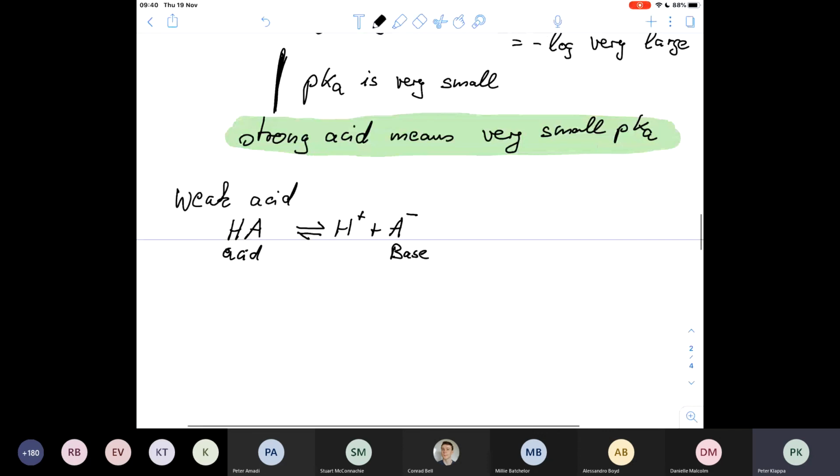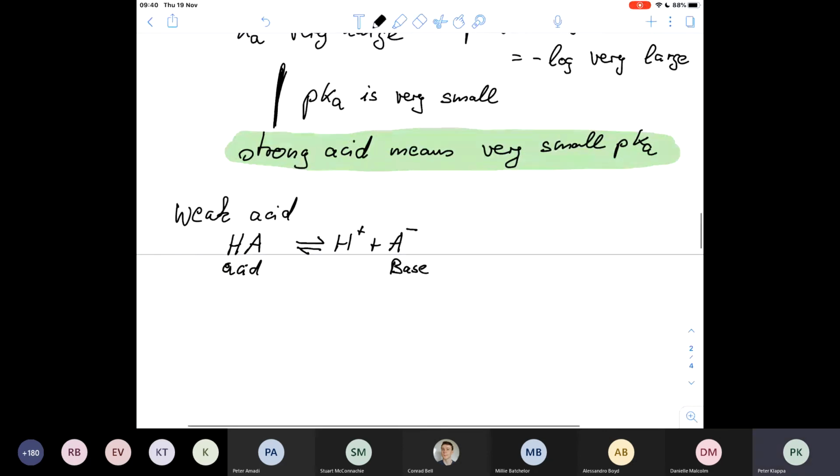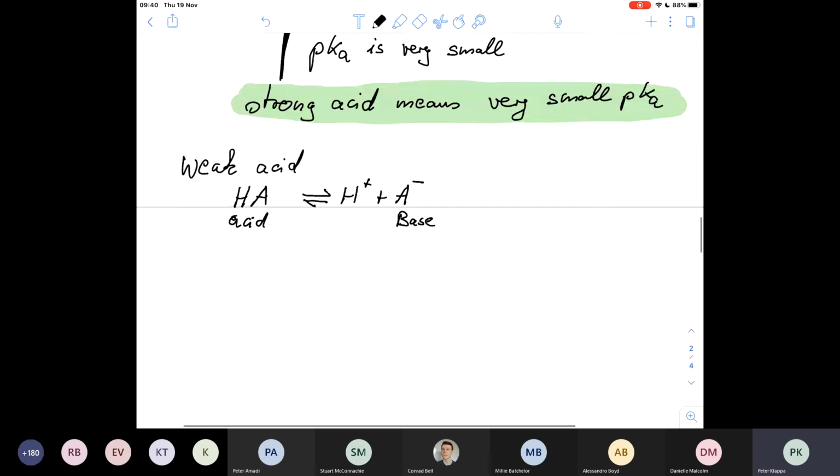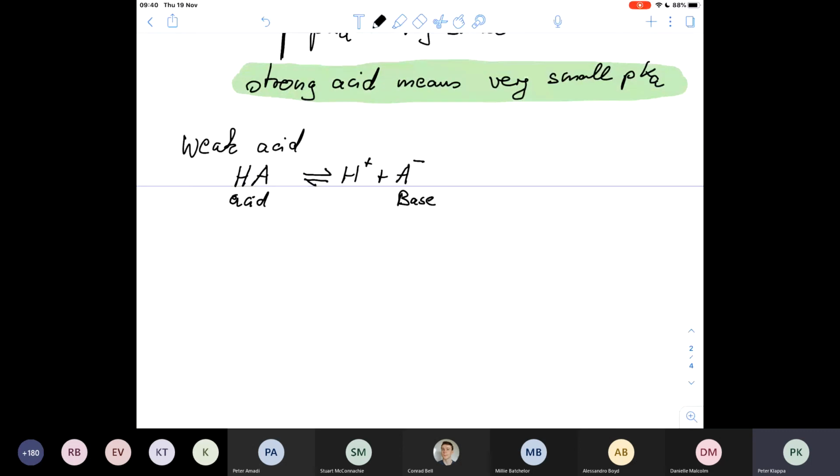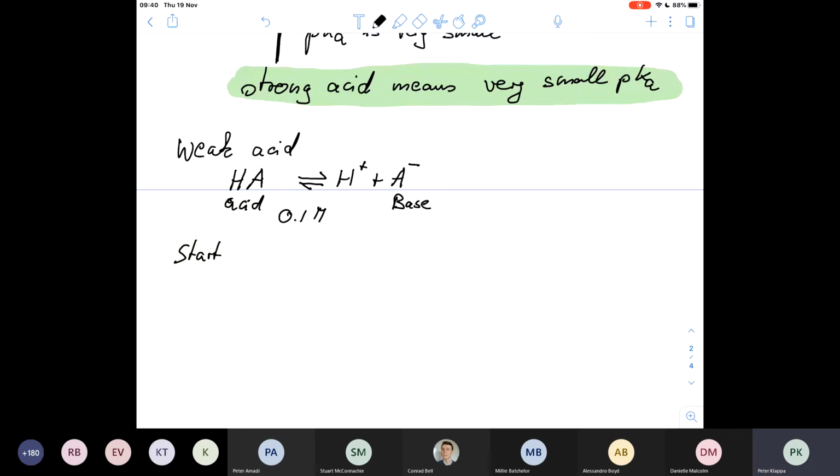And again, we can do what we've done for the HCl. At the start, let's do it with 0.1 again, 0.1 molar acid.